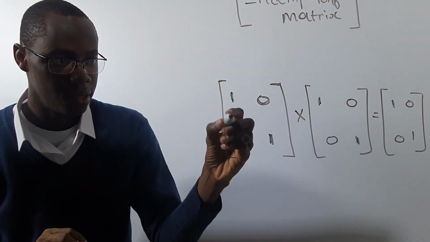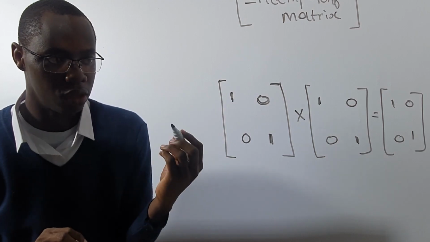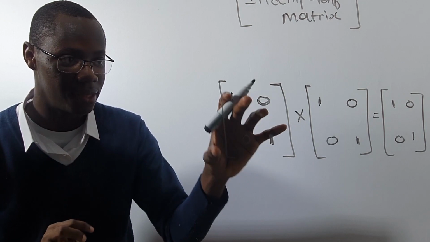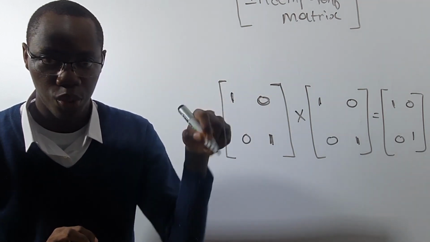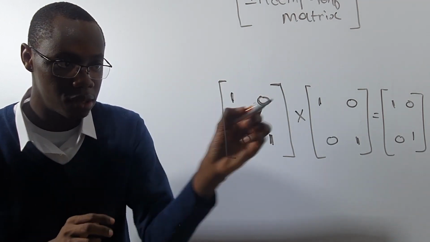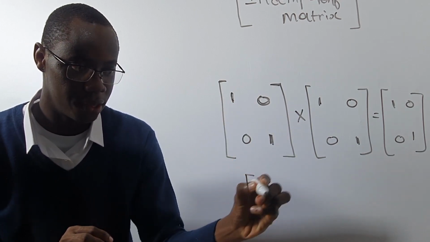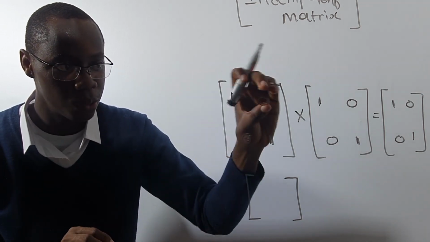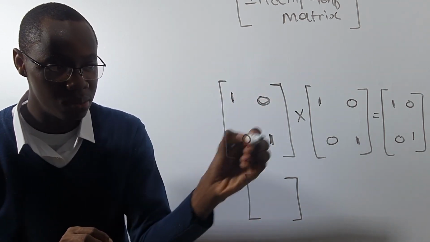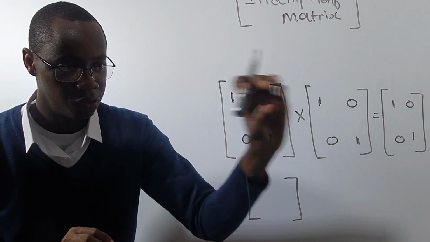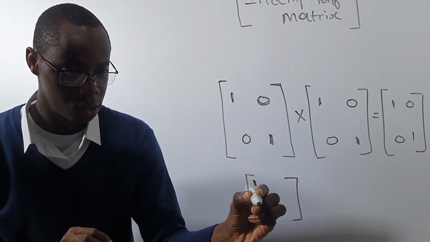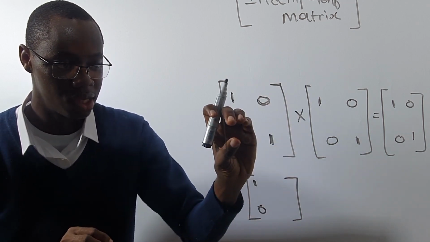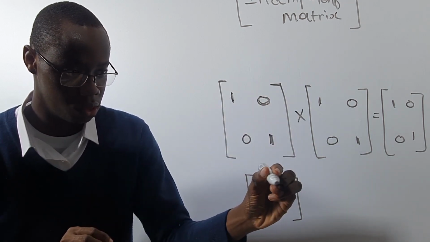How? It has 0, 0 repeating itself here. And like I said, if you want to be sure that it's a symmetric matrix, transpose the matrix. If you transpose this matrix and you still get the same thing, then you know that it is symmetric. Remember what I said about transposing a matrix, turn the row into column. So this first row becomes 1, 0, and this second row becomes the next column, 0, 1.